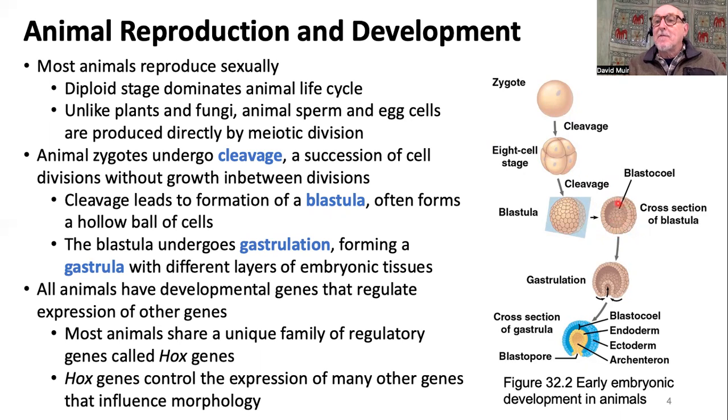And in the hollow cavity in the middle, you're going to have to learn to follow these cavities and remember what their names are, because their genesis and their fate is very important. The cavity in the blastula is called the blastocoel, and the blastula undergoes a process whereby it invaginates.